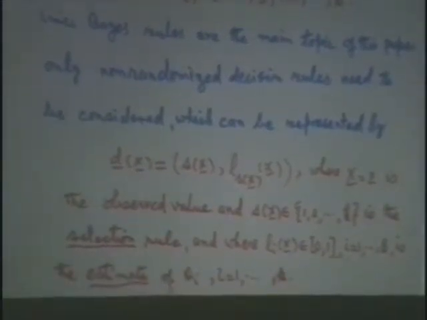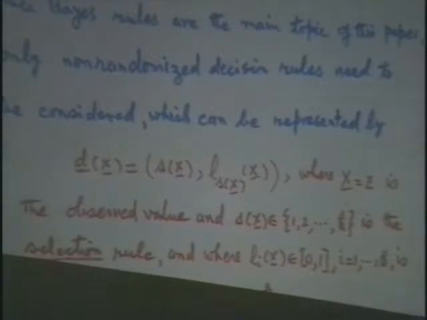The decision rule will be described by this notation, d(x), and it has two components corresponding to the selection and the estimation. So you have the two parts, s(x) and L_s(x)(x).